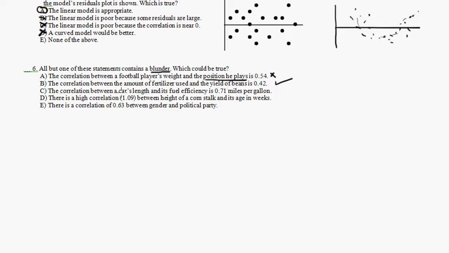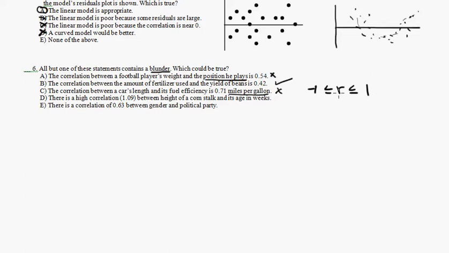The correlation between a car's length and its fuel efficiency is 0.7. If they would stop there, that might work, but the correlation has no units. It's a unitless measurement. Remember, r is just a number greater than or equal to -1 and less than or equal to 1.